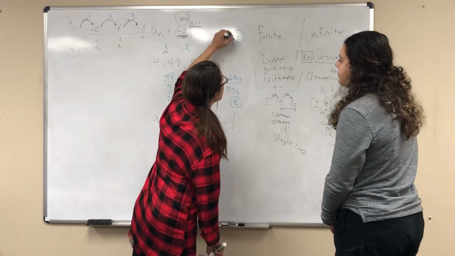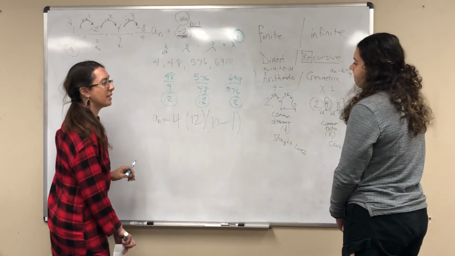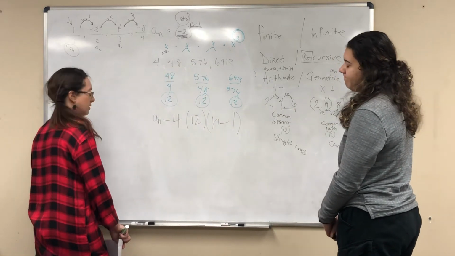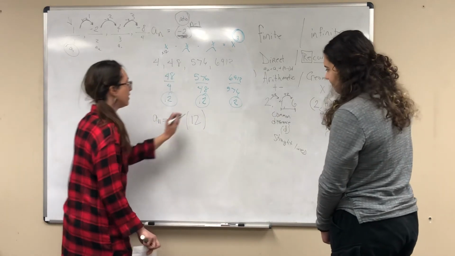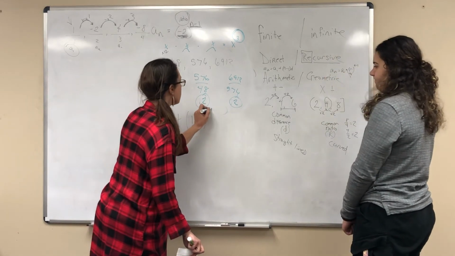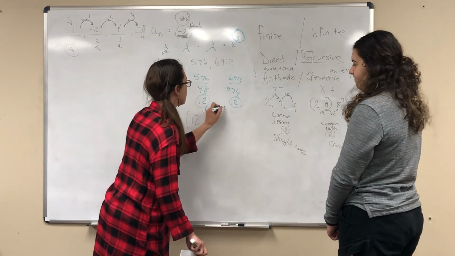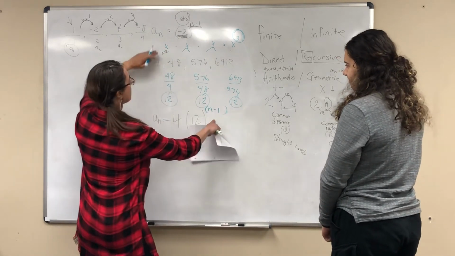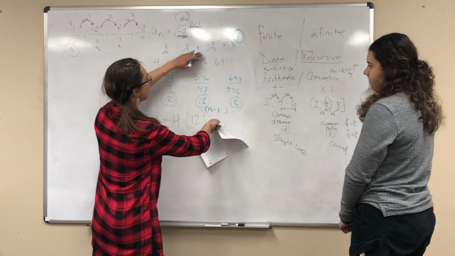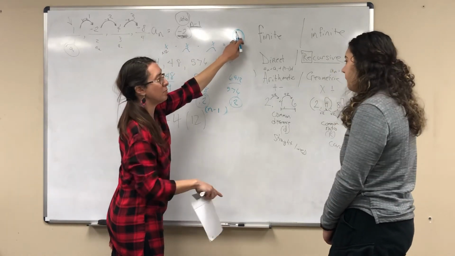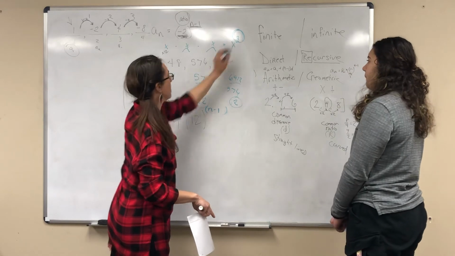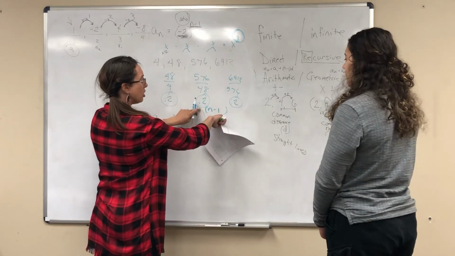So the number of jumps is an exponent when we're multiplying. So the n minus 1 is an exponent. This is why it's an exponent. If we are jumping the same amount, multiplying each time, I end up with x cubed. So we need to make sure that the number of jumps is an exponent.